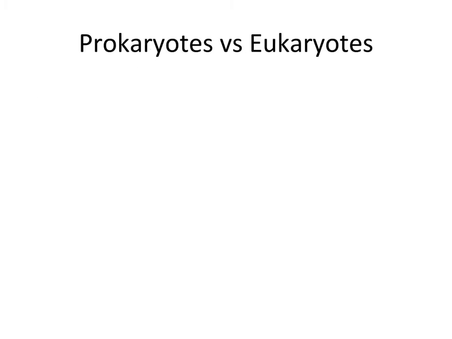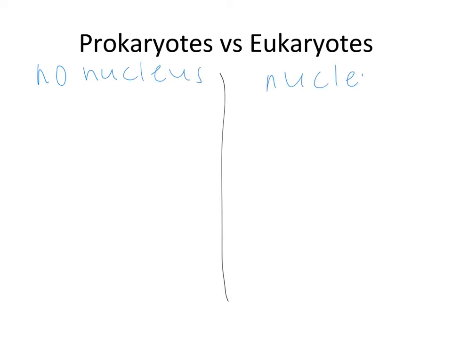So how are prokaryotes and eukaryotes different? This is kind of a review from the last part, but I thought it would be really nice to go here. So I'm going to draw a line and we're going to make a little T-chart. If you'll remember, prokaryotes have no nucleus, but eukaryotes have one.